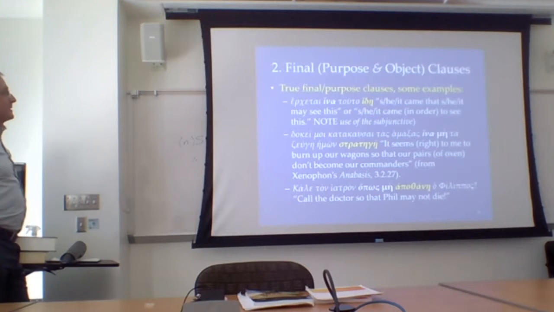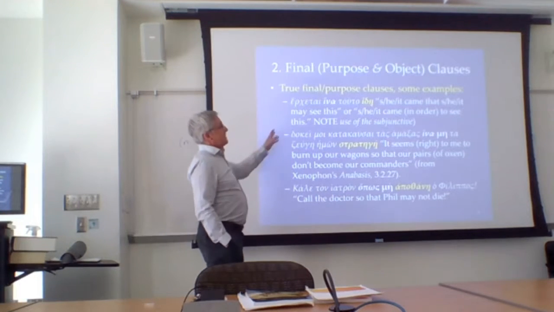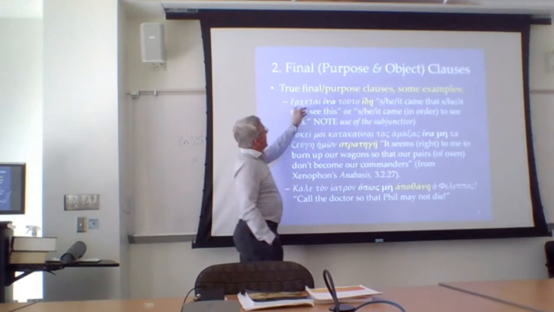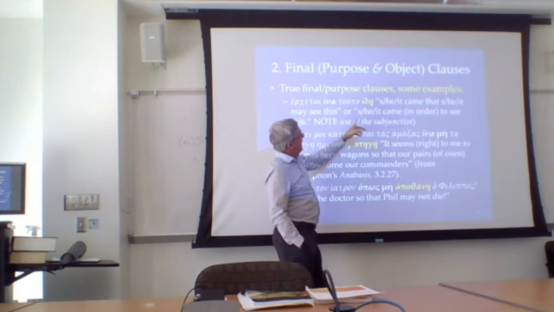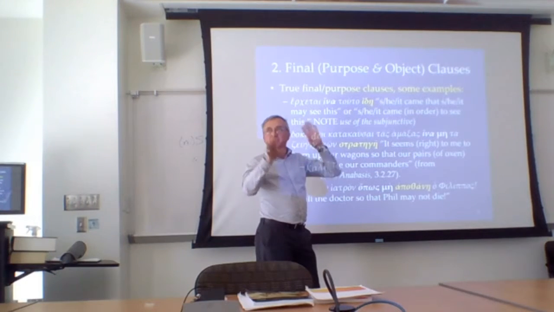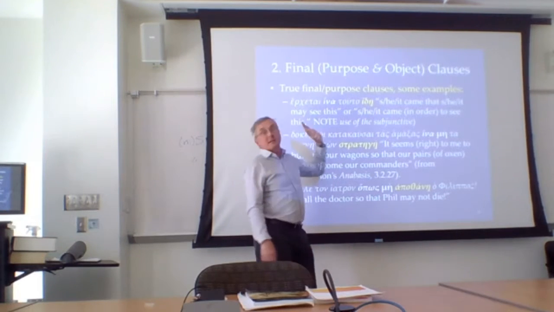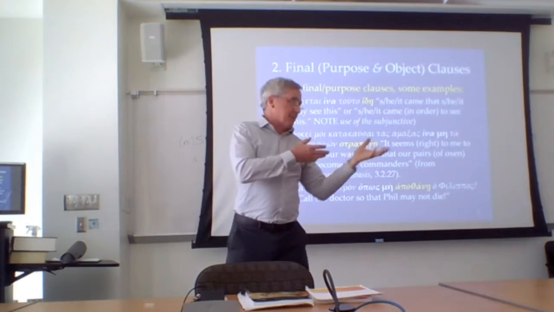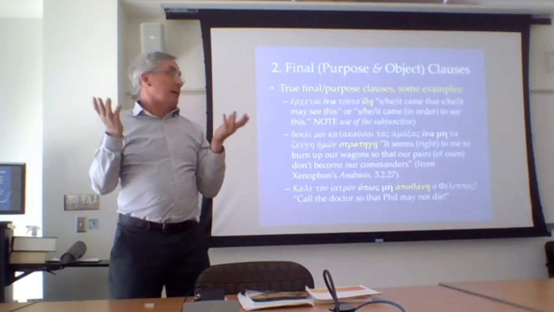All right, so here are some examples. That always helps, doesn't it? So here's essentially the same sentence that we had before, but with a clear expression of intent. Erketai hina touto idei. He, she, it came, sort of, kind of, literally, in the sense that I'm trying to express the subjunctive with an auxiliary verb in English, that he, she, it may see this. Because you can sometimes translate your subjunctive with may or might in the past tense, suggesting that there's a possibility that this will happen, but you're talking hypothetically.